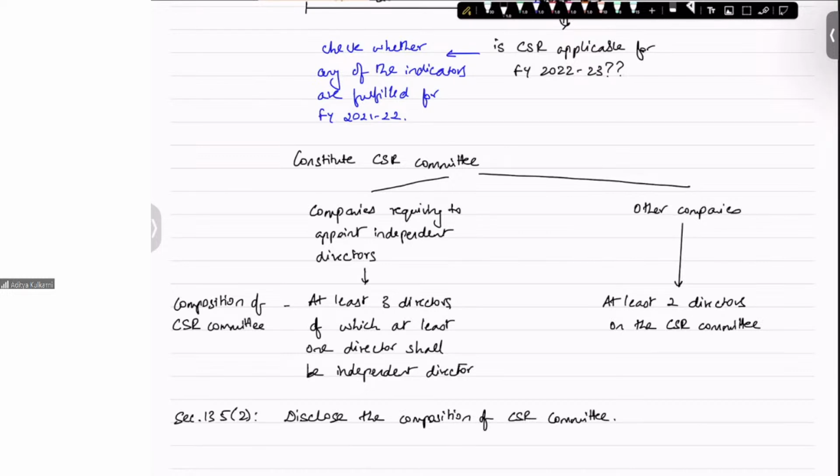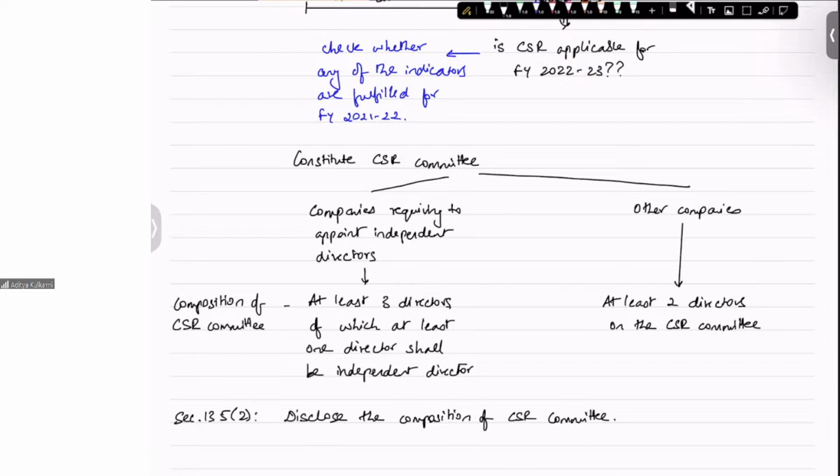So this CSR committee is again covered under two categories: companies that require independent directors and companies not requiring independent directors. So you have these various committees under the board. You cannot expect the board to convene any time for any decision that needs to be taken. You have audit committee, you have remuneration committee, you have like that, you have a CSR committee. So committee is a subset of the board of directors.